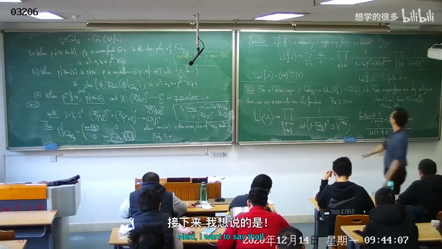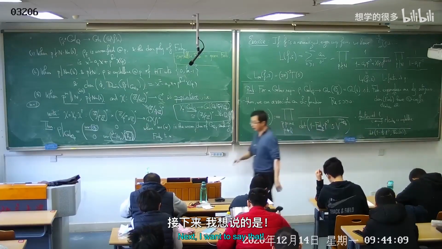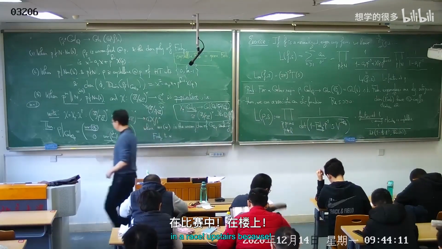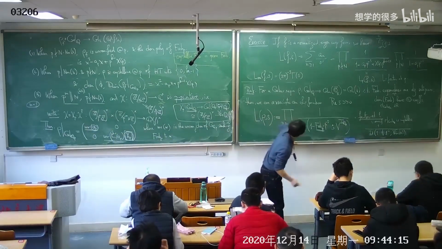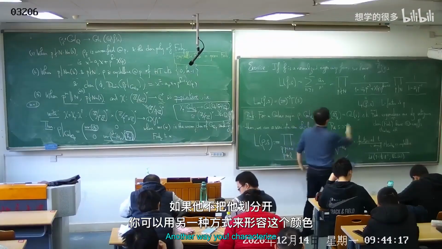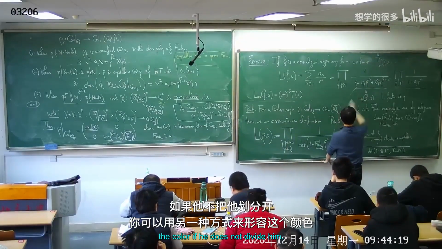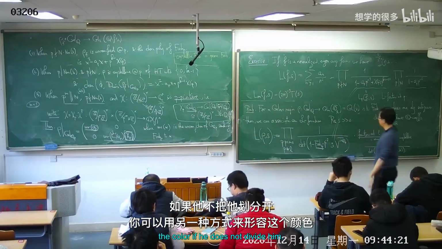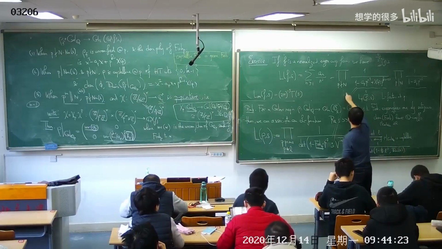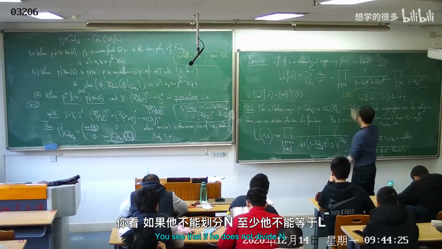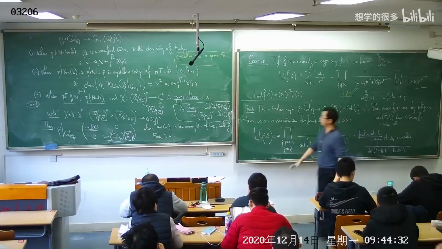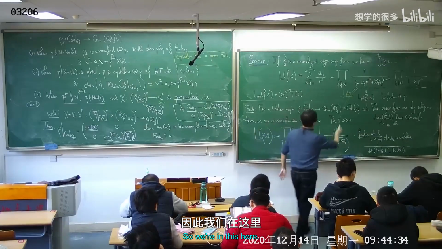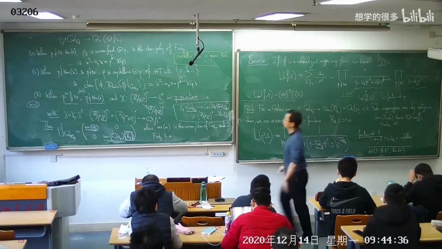Next, I want to say that the reason I didn't erase upstairs is because these two are equal. Here is another way to characterize the Galois side if P does not divide N. You see that if P does not divide N, at least P not equal to L, we're in this situation here.